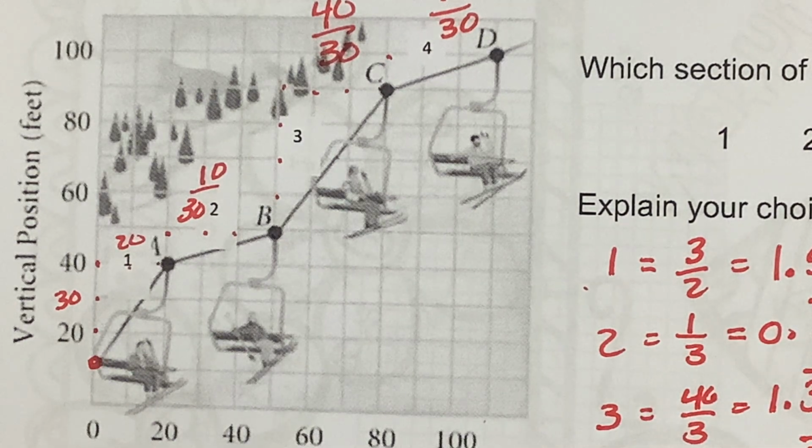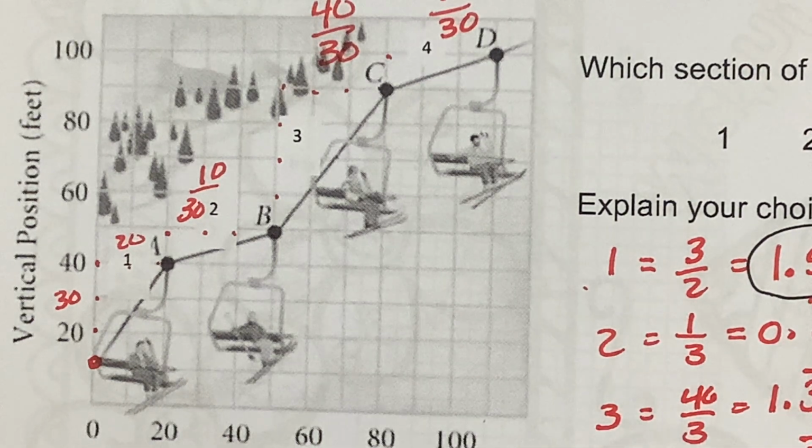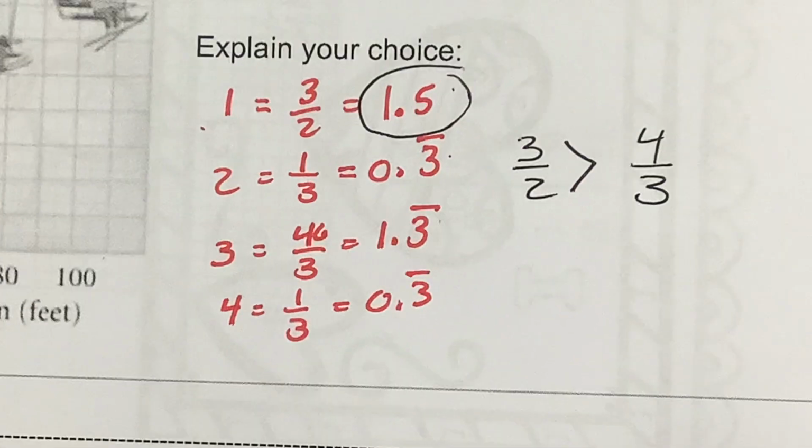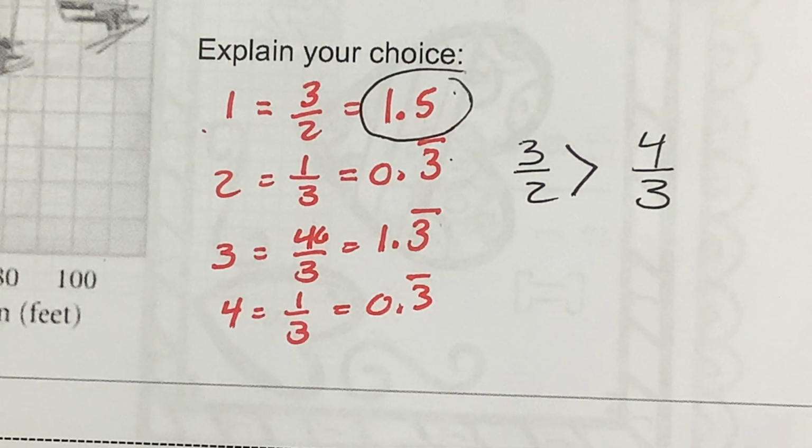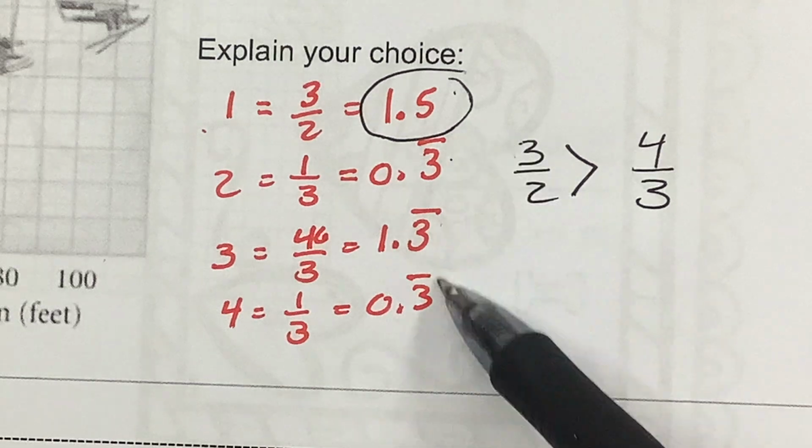Now, looking at them as decimals, I could see that 1.5 is the largest one here. In other words, the slope 3 over 2 is greater than the next one, 4/3. It's harder to see it as a fraction than it is to see it as a decimal.